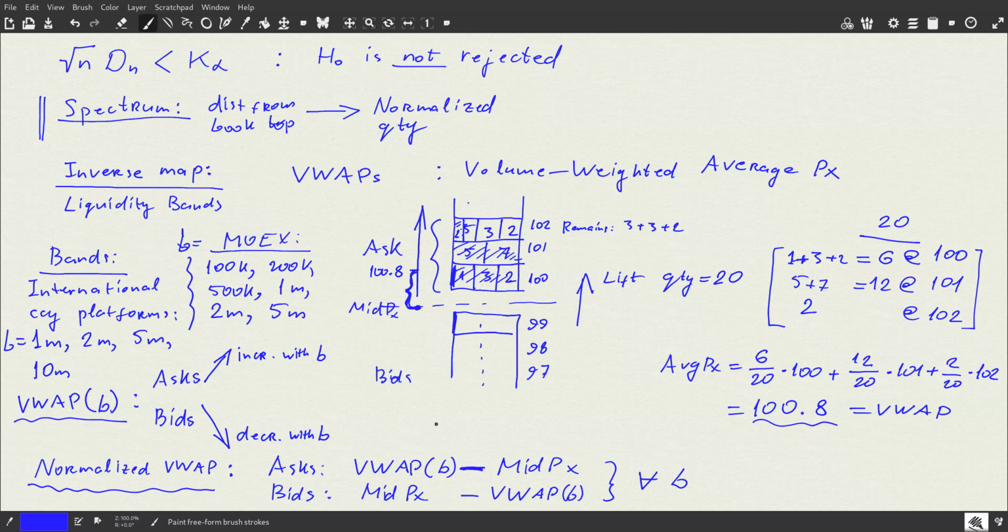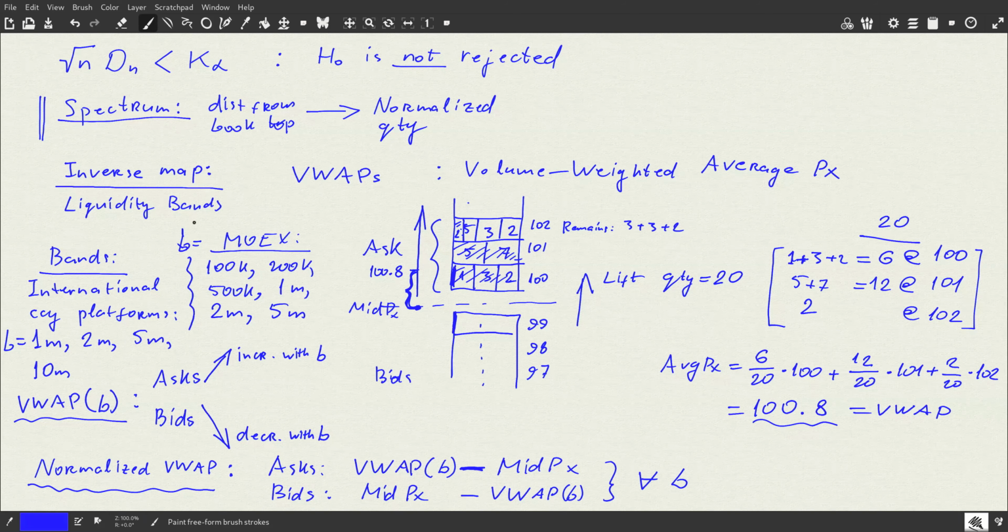In this case, B is not just, of course, you compute it for 100, 200, and so on, but you can view B as just an abstract band number. Band 1 for 100K, band 2 for 200K, band 3 for 500K, and so on. So you can say the bands are not necessarily volumes, but you can view them as mere numbers, some kind of fixed numbers for which you compute the separation of the corresponding average price from the midpoint.